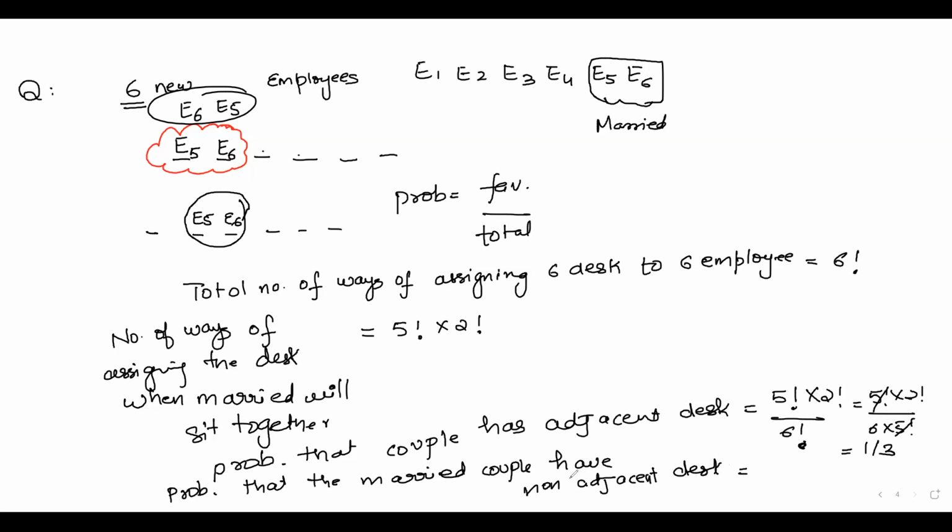We have the formula: 1 minus the probability of having adjacent disks. So this gives 1 minus 1 by 3, which is equal to 2 by 3. This clear, Yusra? Yes, sir. This is the same solution which Nikhil sir has shared with you. Yes, sir, it's the same.